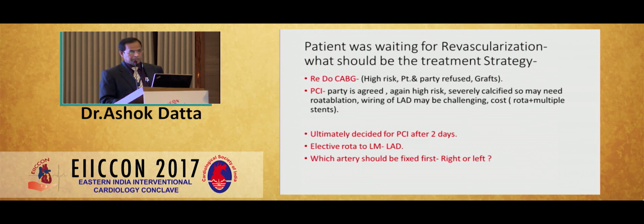What should be the option? Redo CABG or PCI. The party agreed to PCI, but that was again high risk, severely calcified, needing rotablation, wiring to the LAD may be challenging, and cost is definitely an issue. Ultimately, the party agreed and we decided for PCI after 2 days.